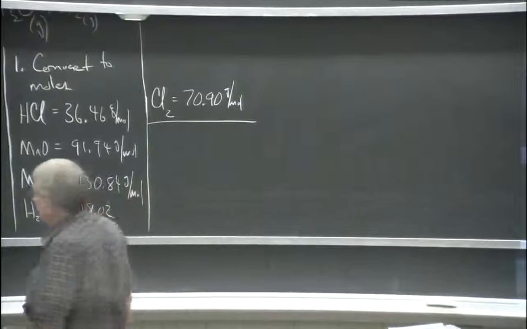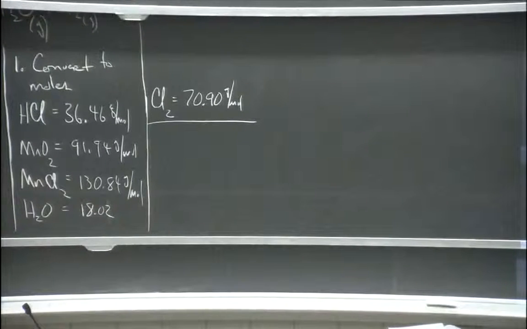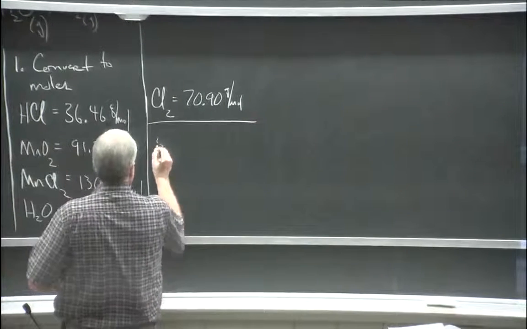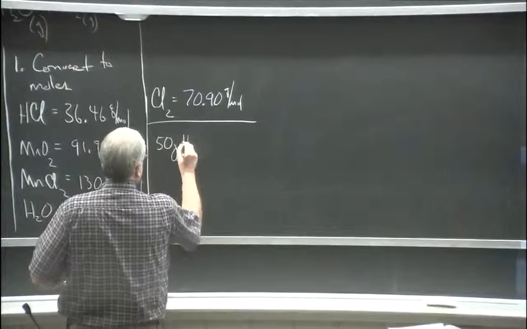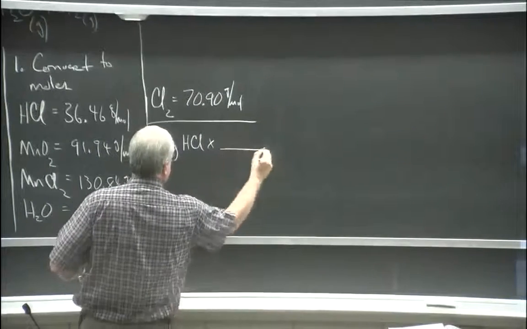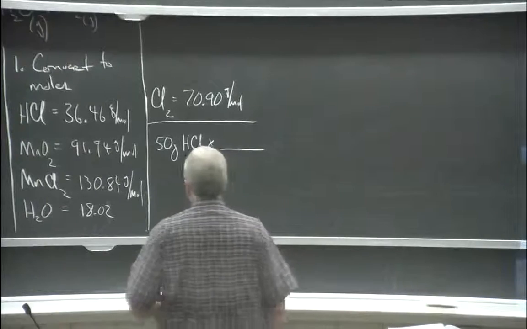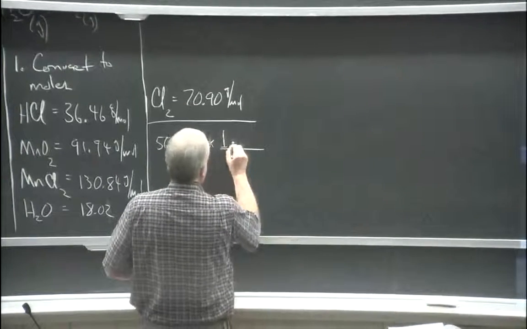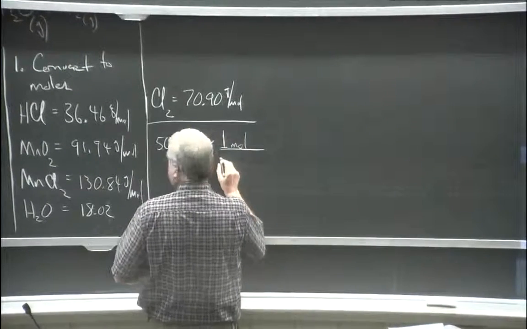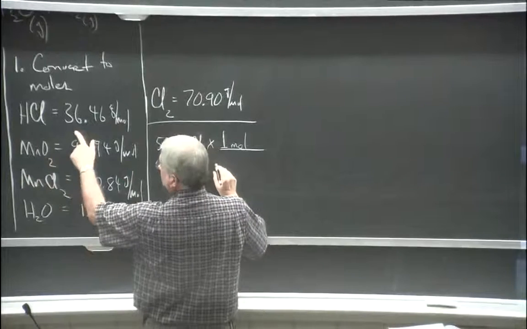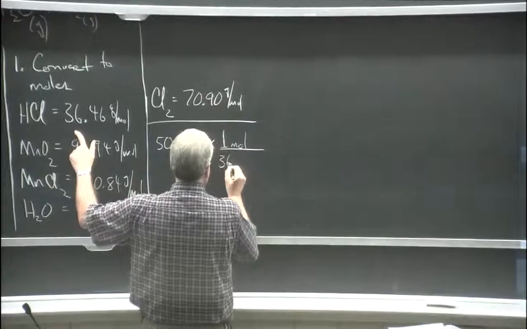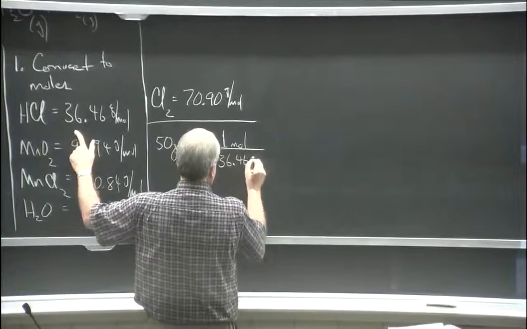All right, so now we're going to take 50 grams of HCl and 50 grams of MnO2. So we're going to have 50 grams HCl times, and what's our conversion factor going to be? That's right. You put moles up on top, and it's going to be 36.46 grams.